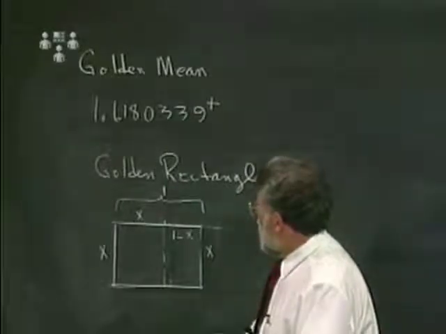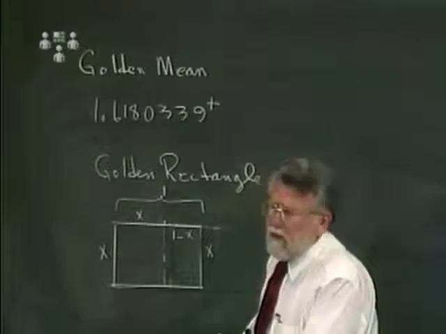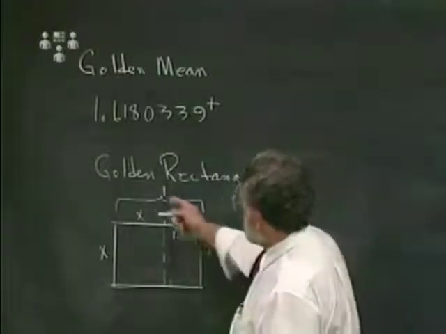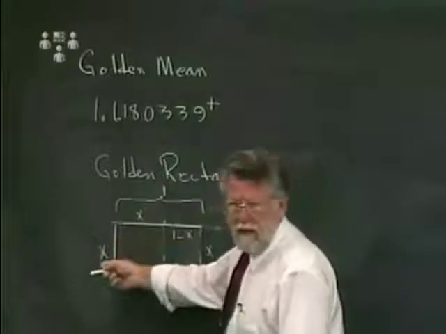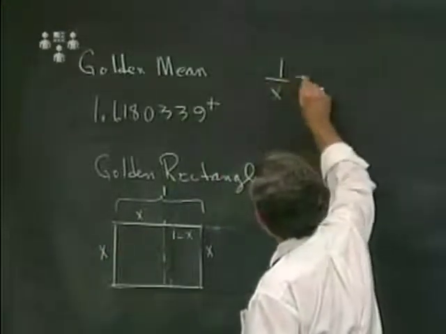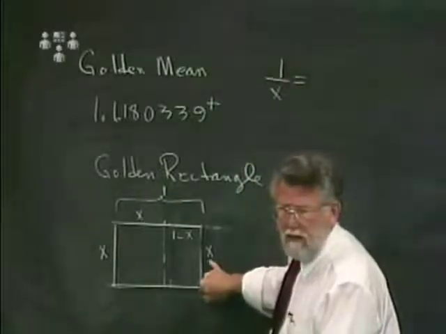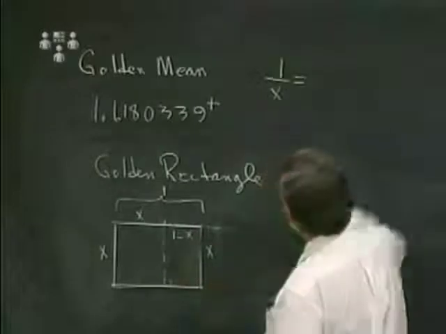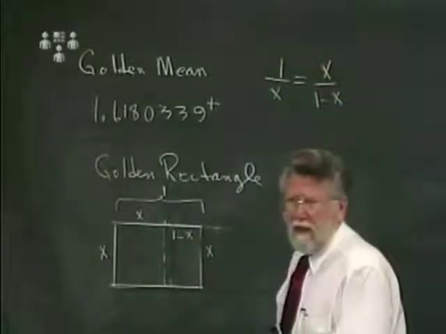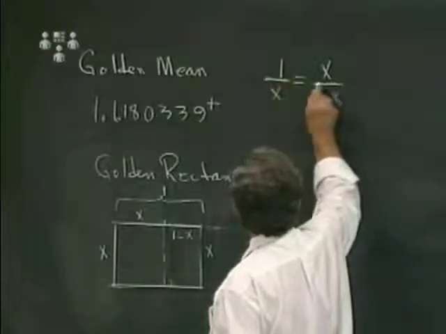So if I look at what I'm doing here in terms of ratios, and a ratio is simply a fraction, then the argument is the length to the width was 1 over x. And that is in the same ratio as the new length for this small rectangle, x to 1 minus x. And that becomes what we consider a proportion.